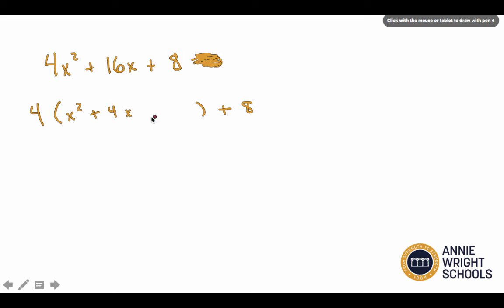What's half of 4? 2. What's 2 squared? That's 4. So I need to add 4 to complete the square, but be careful. I really didn't add 4, I added 16. Because this is an expression, I can't add 16 on the other side, so I have to subtract 16 on the same side.